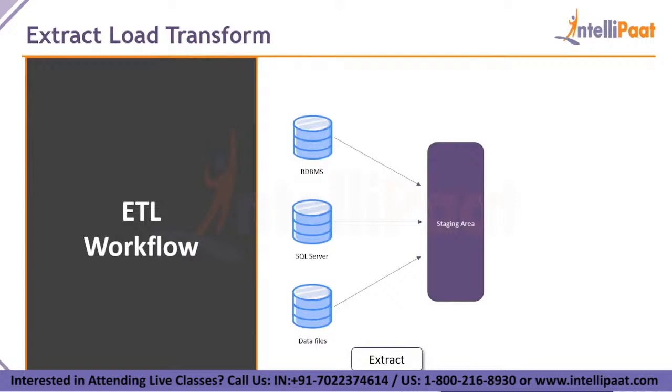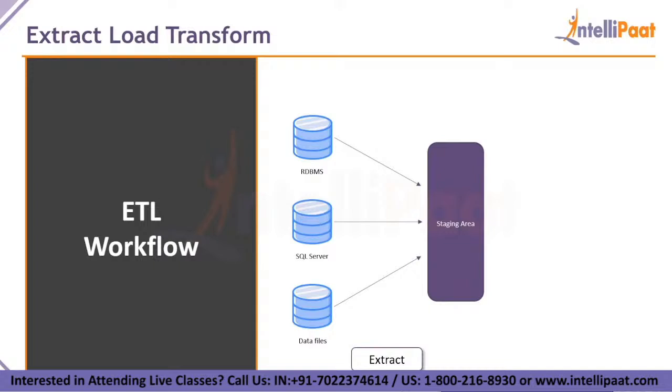So what does this staging area essentially do? Once the data has been extracted and put into the staging area, you're going to be cleaning and processing it. The data might have some inconsistencies or noise in it, might have a different format, and it's coming from three different data sources. For instance, the data files coming in could be of JSON format.